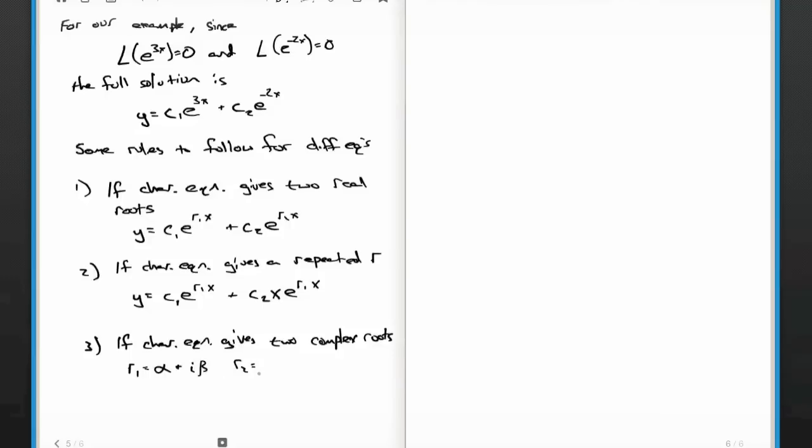If it's alpha plus i beta, the other root has to be, think about it, alpha minus i beta, right? From algebra class, way back when, the roots are complex conjugates. Now, what will my y be here? And this is crazy. This comes back to my favorite trig identities. It'll be e to the alpha x times c1 cosine beta x plus i sine beta x. Complex numbers. Oh man.